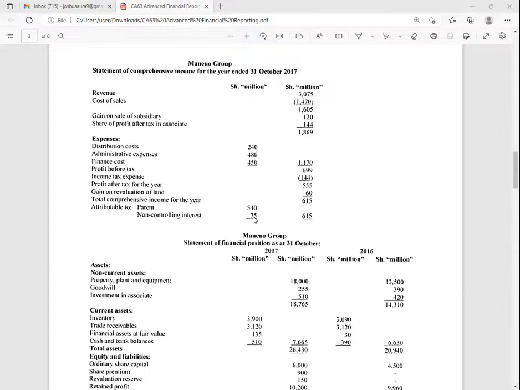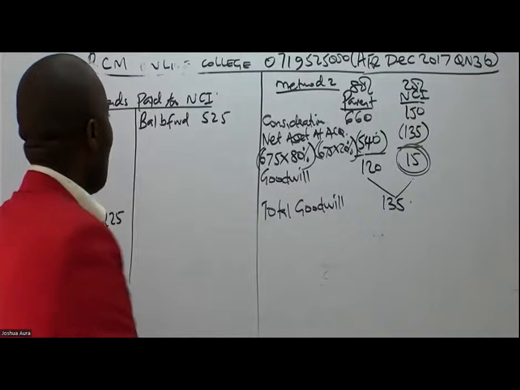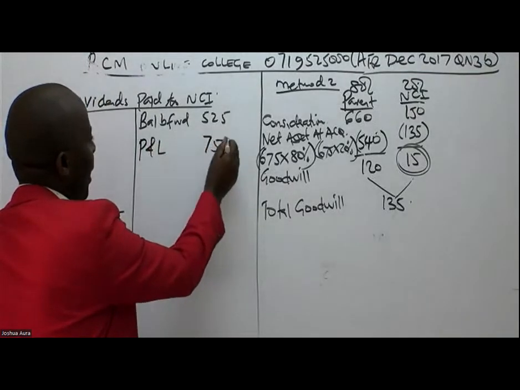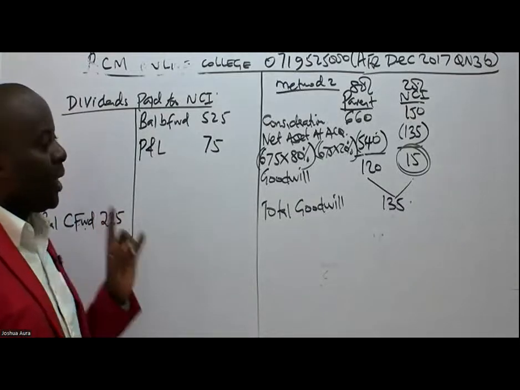So if we give them 75 in form of profit, we debit the P&L and credit the NCI's account with that figure. So we have here profit and loss, 75.